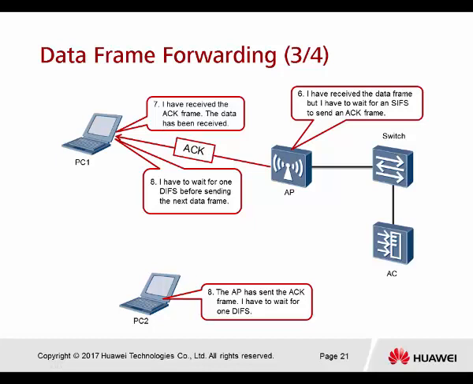Now they need to generate another new backoff time. Before that, everyone has to wait for the DIFS before they send the next RTS. They know the AP already sent the acknowledge, because this acknowledge is like a broadcast, so everyone in the same BSA will understand.